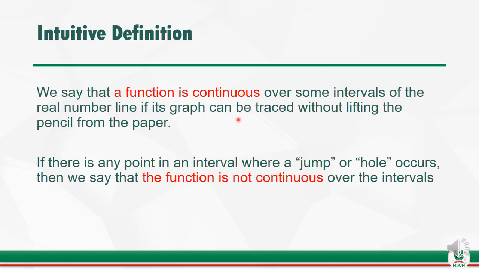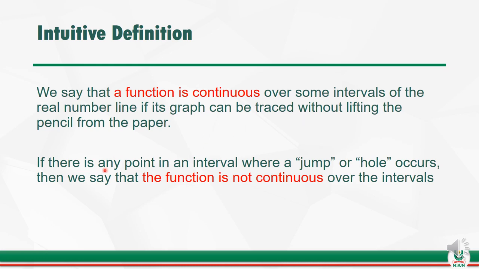You know that we traced the two graphs in the last slide. If the graph can be traced without lifting our hand or pen from the paper, we say that graph is continuous.